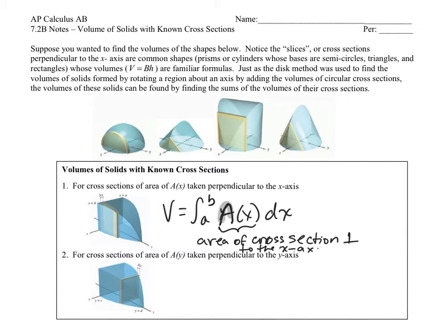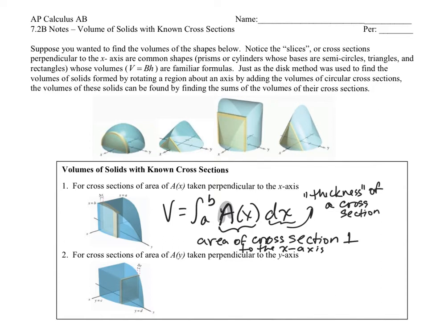And then the dx, let's just call that the thickness of that slice, or of a cross-section. As we increase the number of cross-sections, that thickness gets thinner and thinner, and the sum of those volumes approaches the volume of the actual solid.